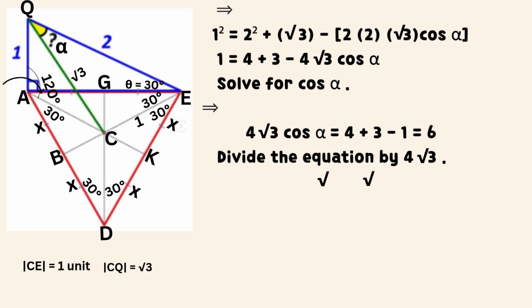Solve for cosine alpha. It implies that 4 times the product of the square root of 3 and cosine alpha equals the sum of 4 and 3 minus 1, which equals 6. Divide the equation by 4 times the square root of 3. Cosine alpha equals half of the square root of 3.